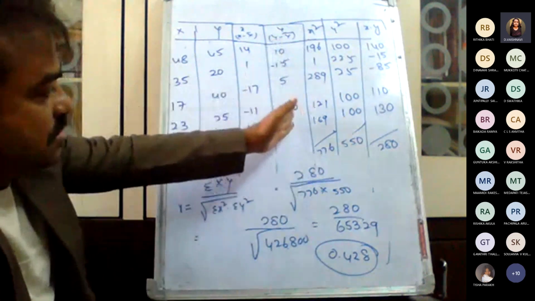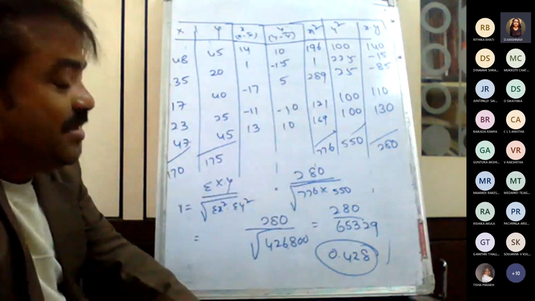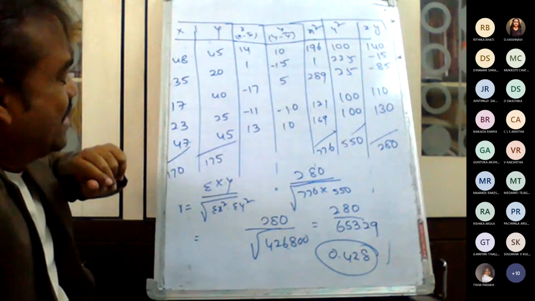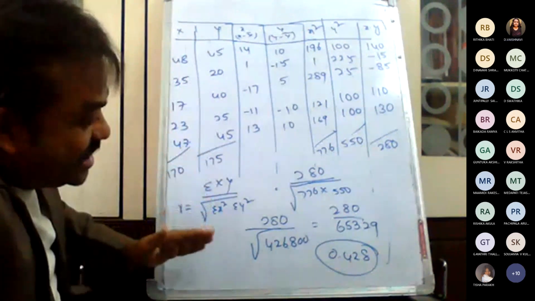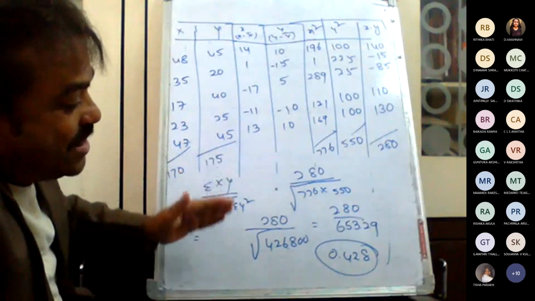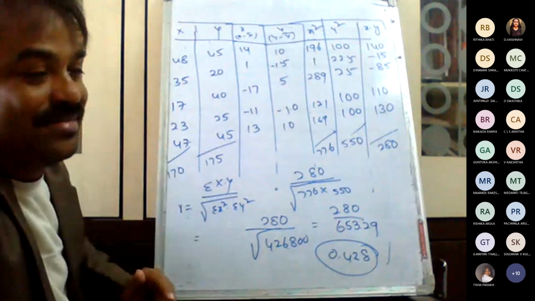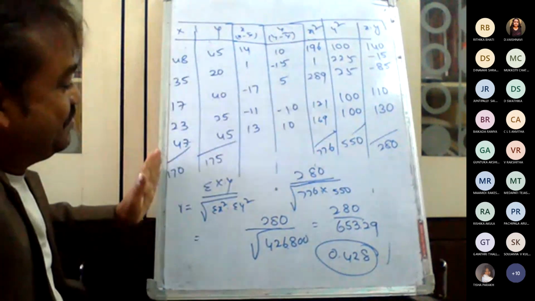As you told, if one series increases and the other decreases, then it is negative, right? That's why I told you one example. If both go the same way, either positive or negative, directly you can tell. But here we are calculating the relationship.